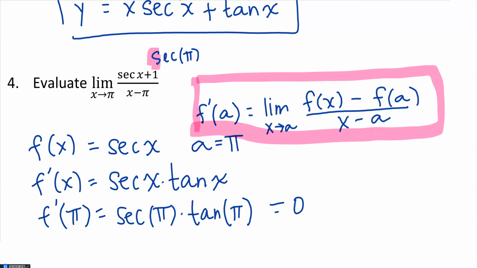Okay, so now all I need to do is take the derivative of secant and then plug in pi for x. So the derivative of secant of x is secant of x times tangent of x. Plug in your pi, and you're going to get a 0. Does that make sense?